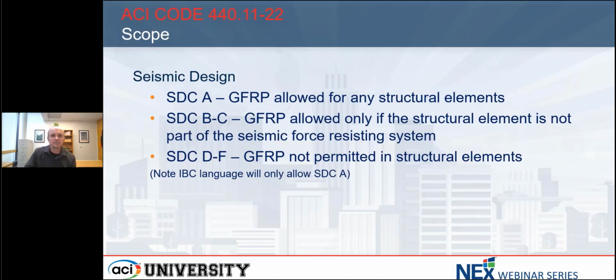GFRP is not allowed if it is part of the seismic force resisting system in seismic design category B and C. And then finally, if you're in seismic design category D through F, GFRP reinforcement is not permitted in any of the structural elements per the code as it stands today. And then I would just highlight that in the IBC, when the IBC adopts 440.11, it will only allow that first condition. It will only allow GFRP in seismic design category A structures.